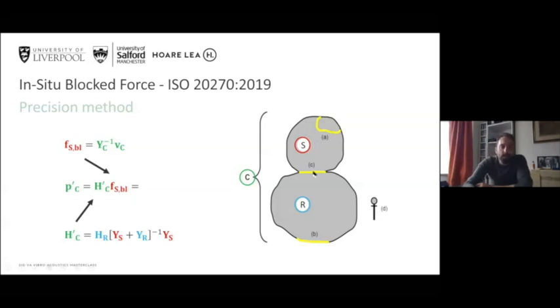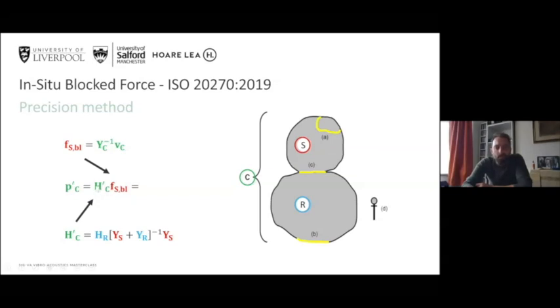Once we've obtained those block forces, if we make further measurements on the assembly, for example, exciting at the interface C on the coupled assembly and measuring the sound pressure at D, we can obtain a vibroacoustic frequency response function.